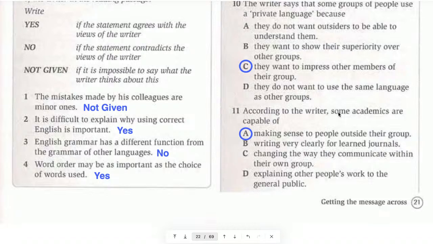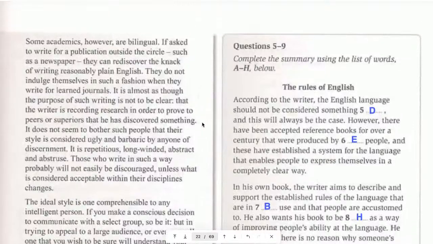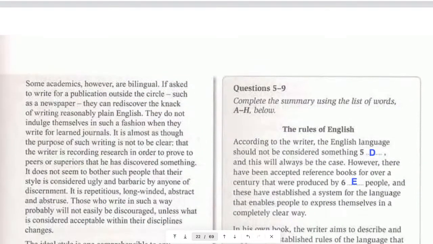According to the writer, some academics are capable of... Okay, some academics are capable of what? Making sense to people outside their group. Now tell me, where? Yeah.